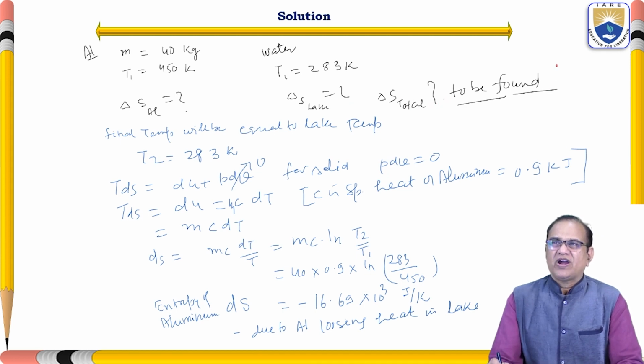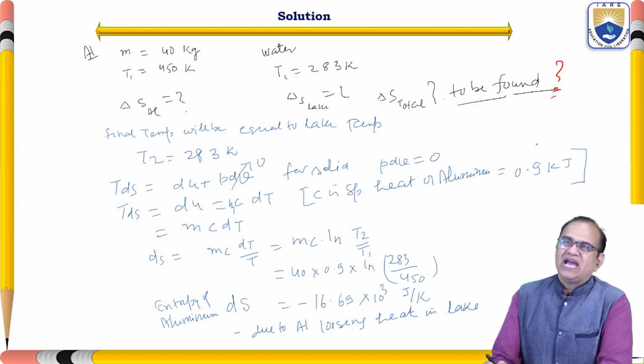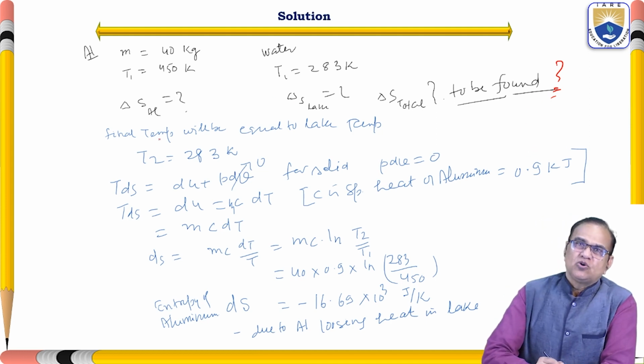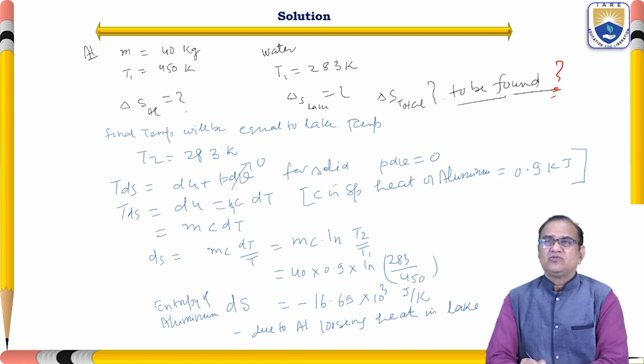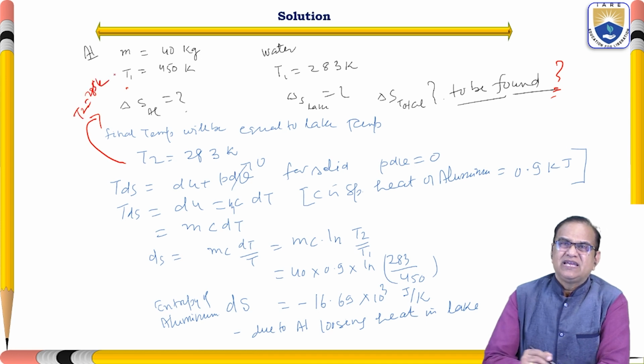These are the things we have to take care of. The final temperature will be equal to the lake temperature, so T2 of the block will be 283 Kelvin.